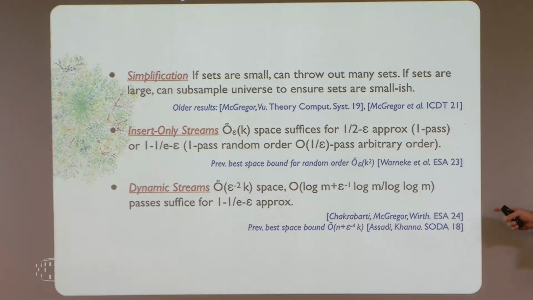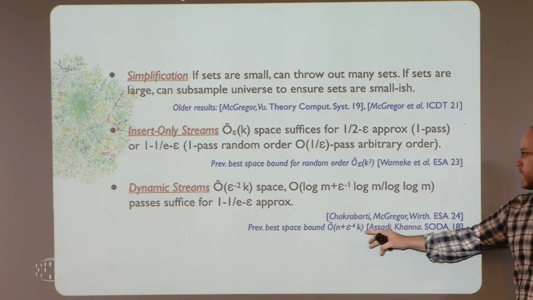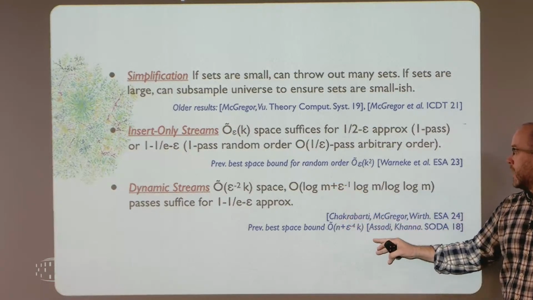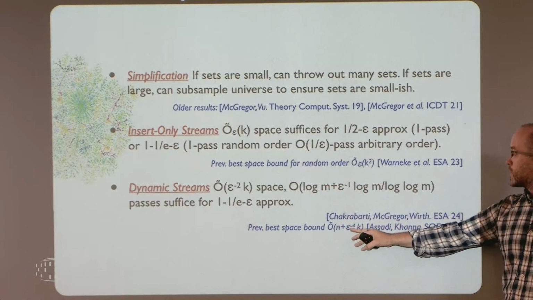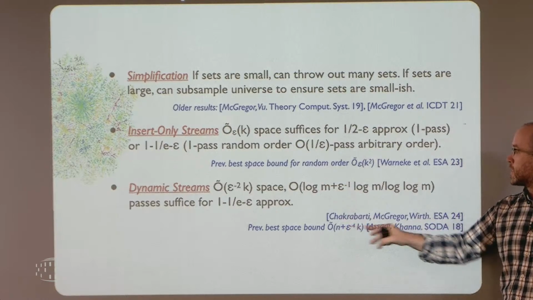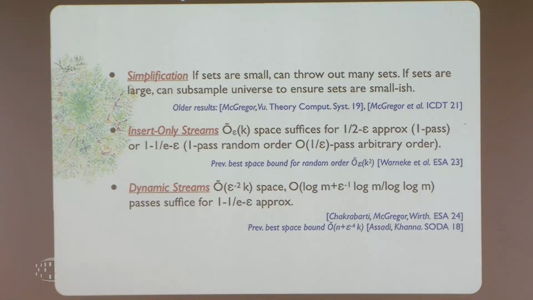This is work appearing in ICALP this year. It improves over a previous result by Sepper and Sanjeev by reducing the space, removing a dependence on n. That step is fairly simple, but also improving some dependencies on epsilon. And for some parameter ranges, it slightly improves on the number of passes, but not in any meaningful way.